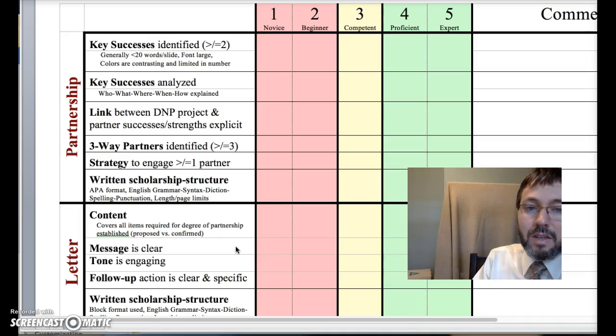And then you'll get evaluation based on your partnership, looking at their strengths, the successes that you've identified, the link between your project and them, how you're going to envision your three-way partnership, what's a strategy to engage your partnership, and then your scholarship, that you're limiting this total section to no more than 8 paragraphs in standard written English, APA format.